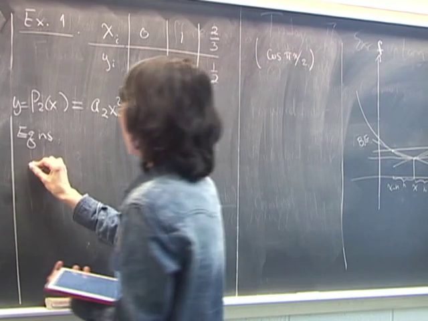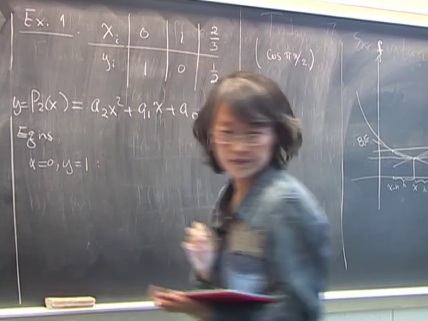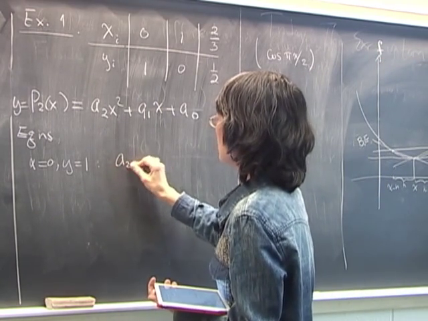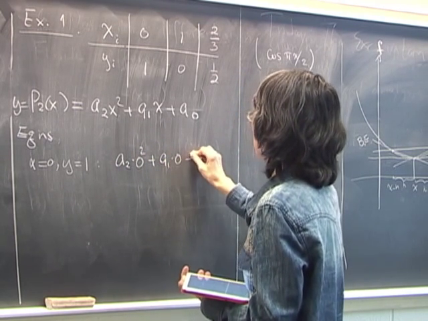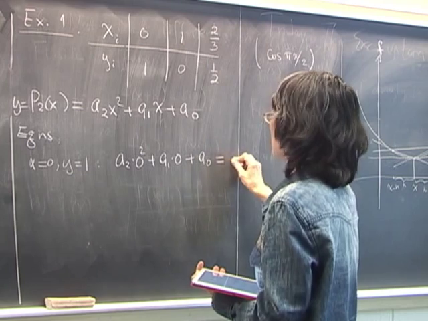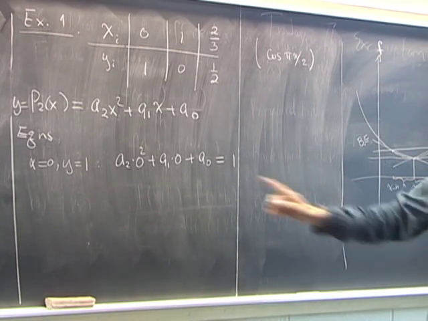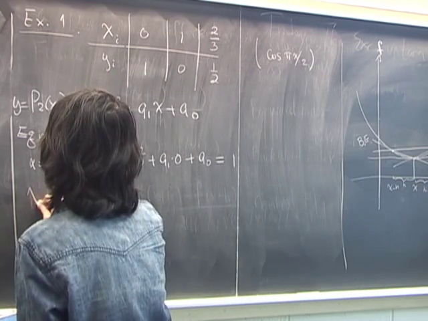Okay, so the first equation is when x is 0, y is 1. We're okay setting it up? So I'll have a2 times 0 squared plus a1 times 0 plus a0 equals 1. You already know a0 equals 1, right? I just carry the 0, so you see what's in general.